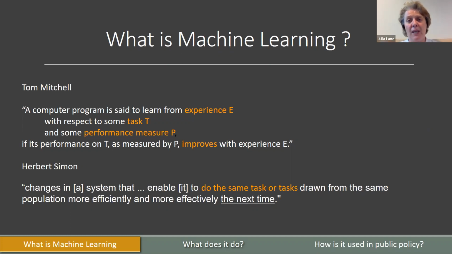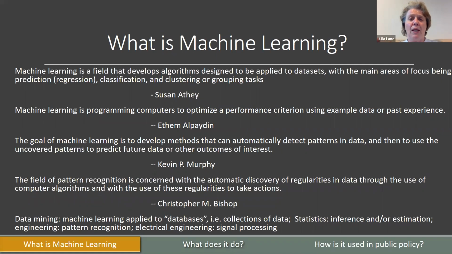There are a couple of key thoughts here. One is the notion that there's a clearly defined task, there's a set of data, and there is some kind of metric being used for evaluation purposes. That essentially is what a lot of statistics is built on. What machine learning does is a lot more in terms of that learning aspect.